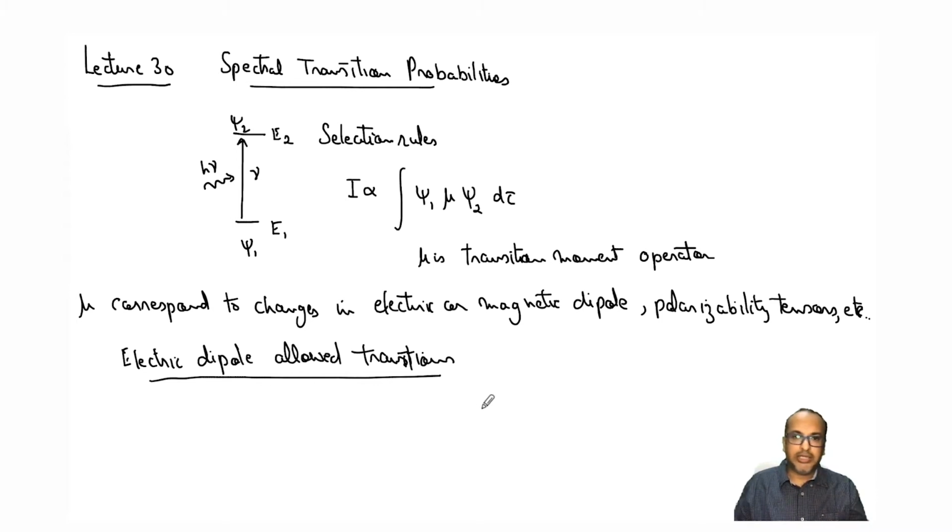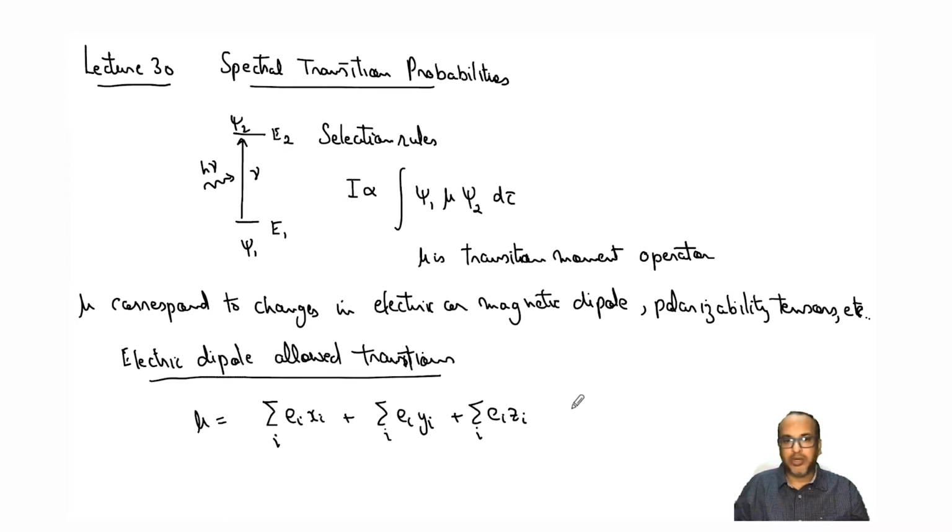Now what is the form of mu? Mu can be written as summation e_i x_i plus summation e_i y_i plus summation e_i z_i, and this will be summation over all i. Actually the summation can be taken common here.